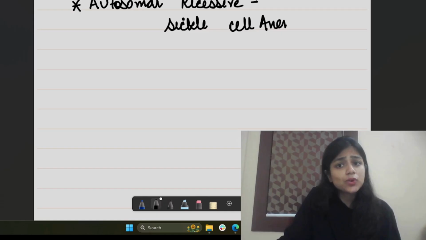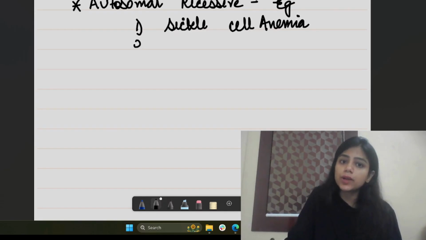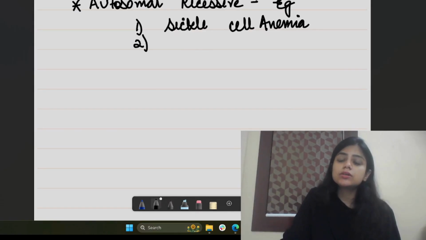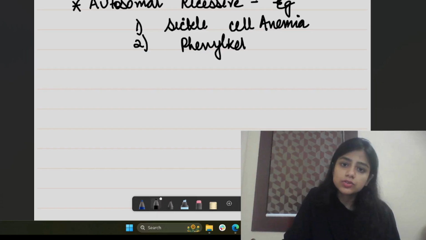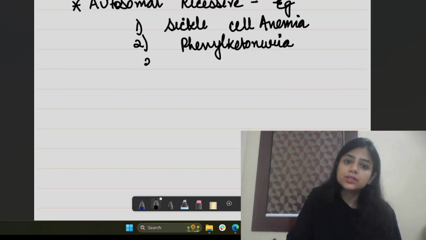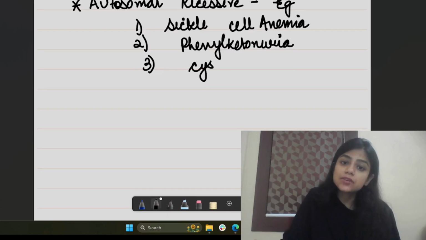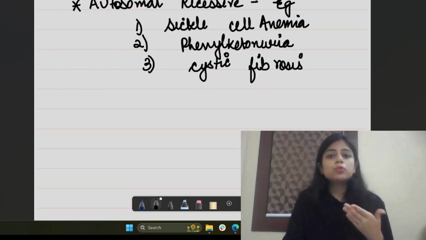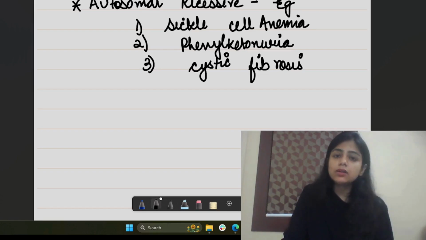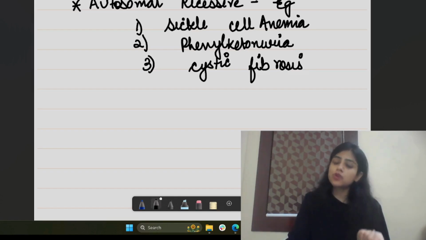Sickle cell anemia is one of the examples of an autosomal recessive disorder. Number two is phenylketonuria, and number three is cystic fibrosis. In the NCERT autosomal dominant, just one example was there, and that was myotonic dystrophy.